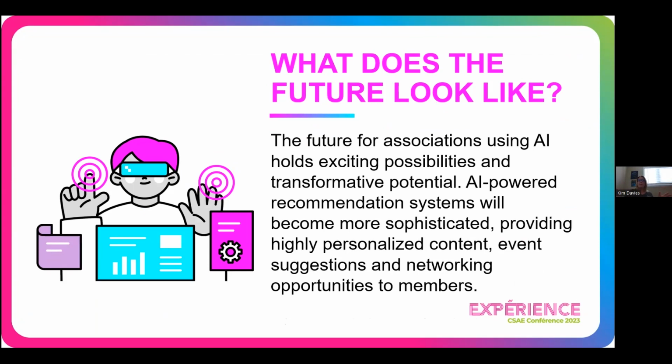So I'll wrap this up by talking a little bit about what the future can look like for associations that are willing to adopt AI. Associations that are willing to adopt AI in multiple ways will ultimately benefit from increased membership and greater engagement. It's going to help you to streamline your operations, and it's going to give you some data-driven decision-making ability.